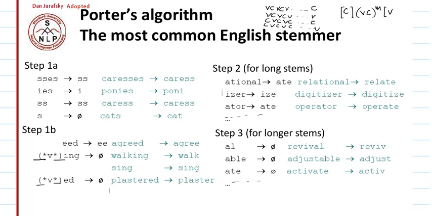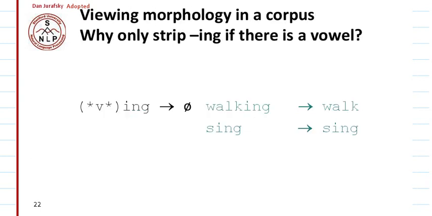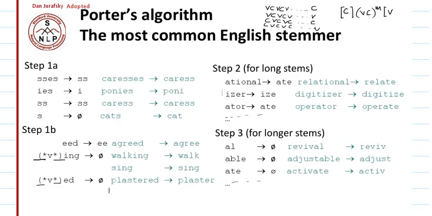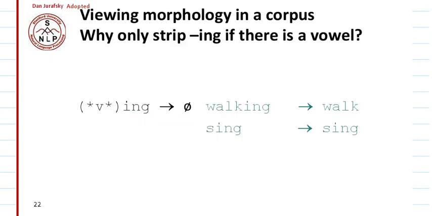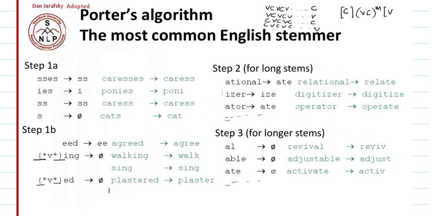And then we have step 4 also. Then step 5A and step 5B. So there are 5 steps.